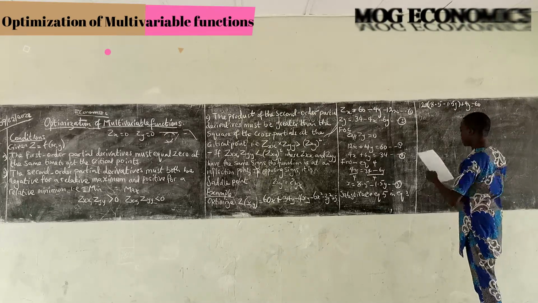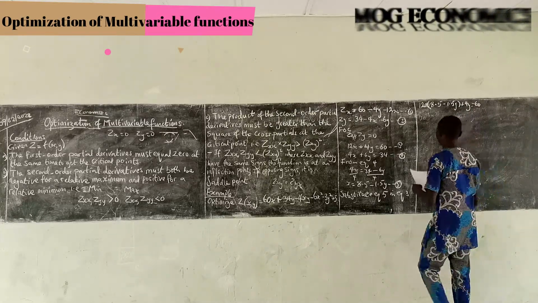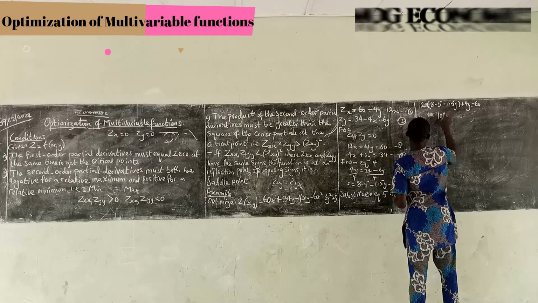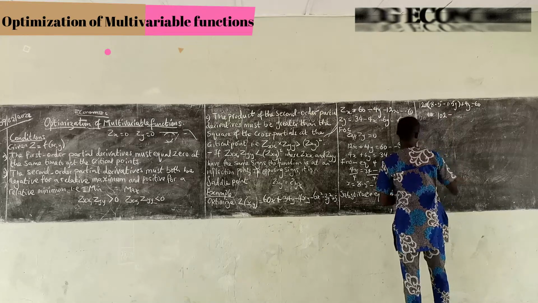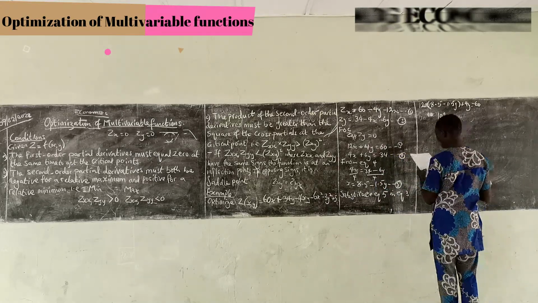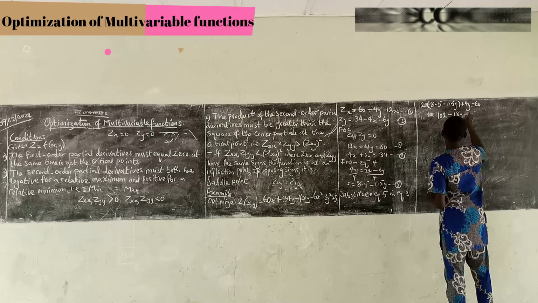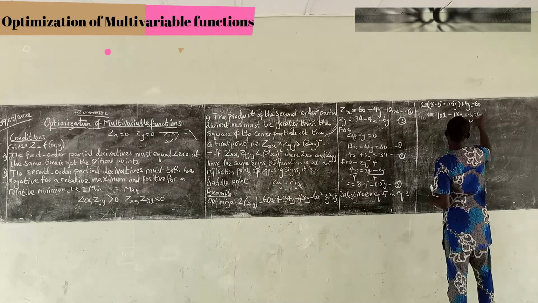So 12 multiplied by 8.5 will give us 102. So you have 102 minus 12 times 1.5, which is 18y, plus 4y equals 60.